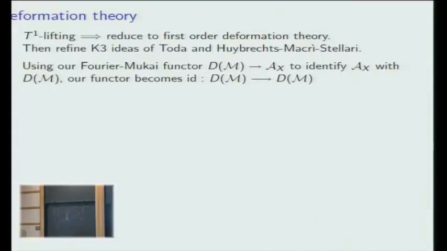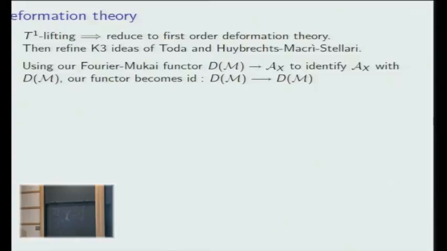So to do that, we refine some ideas of Toda and Huybrechts, Macrì, and Stellari. And the idea is the following. So why should the obstructions to deforming this kernel be entirely cohomological? It's for the following reason, which is one of these things that makes K3 so incredible. What you do is you start off with your moduli space.